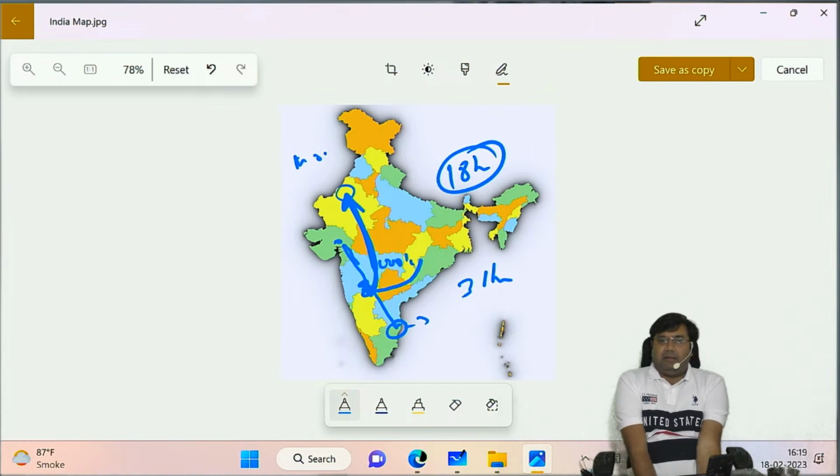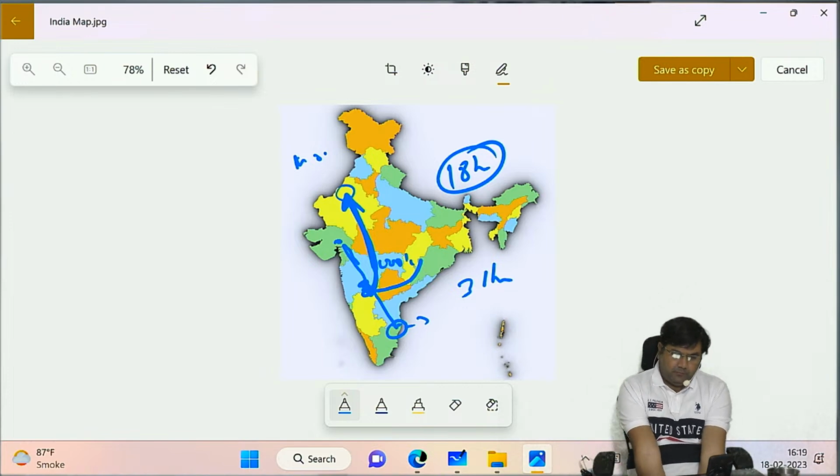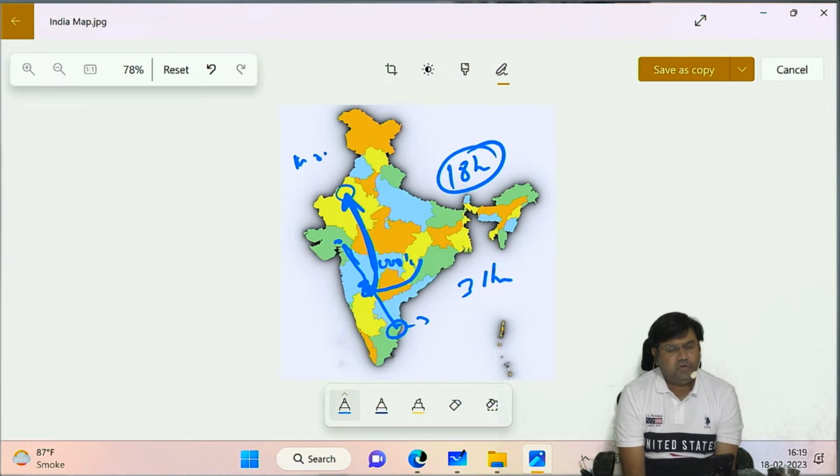You appeared in the CMA final exam. You got 95 marks and you are very happy. You reside in Alappuzha, Kerala. I reside in Jaipur.